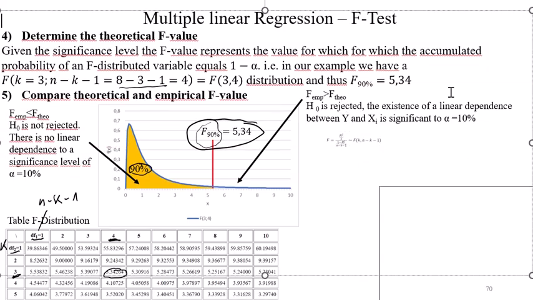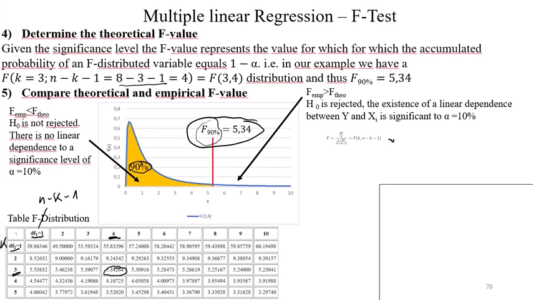And now we have just to put in our data. So we have done 0.72 divided by k, 3 estimating parameters, divided by 3, 1 minus 0.72 divided by the number of our data points, 8 minus 3 minus 1, which is then 4, and this I've done for you already, is roughly 3.42.